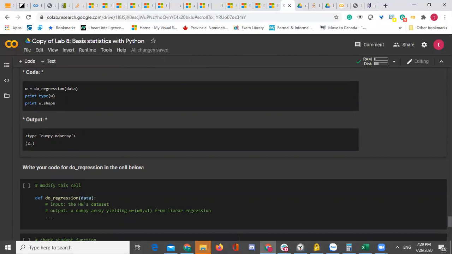Okay. This one is shape, I think, 999 rows, 1 column. Okay, you can write it like this, W0, W1, study hours. Rows, 1 column.